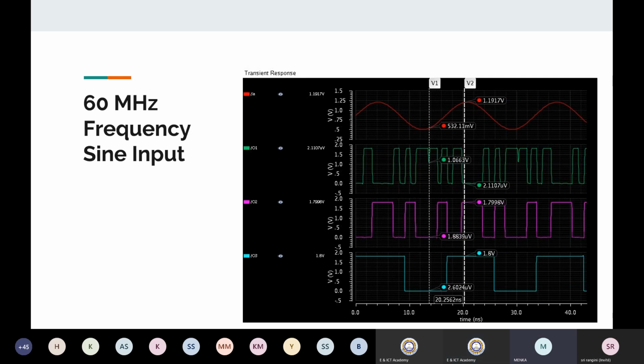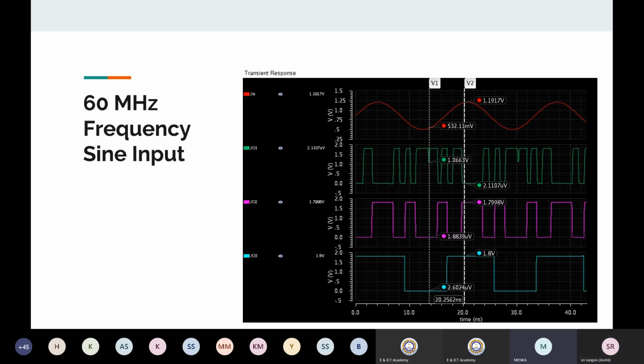So slide number 18, you can see a 60 megahertz frequency was given as the sinusoidal input. Here you can see there are some glitches in the digital output. Actually this frequency is a little bit faster, and the circuit is not capable of good A to D conversion of a 60 megahertz sinusoid input.